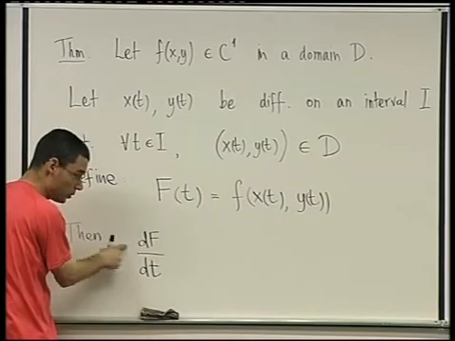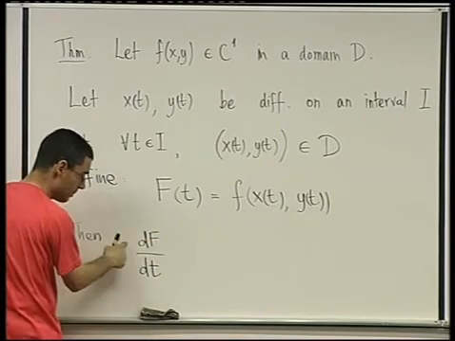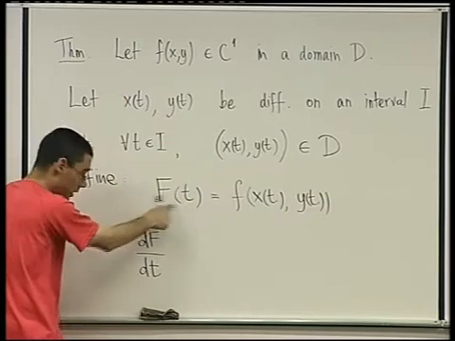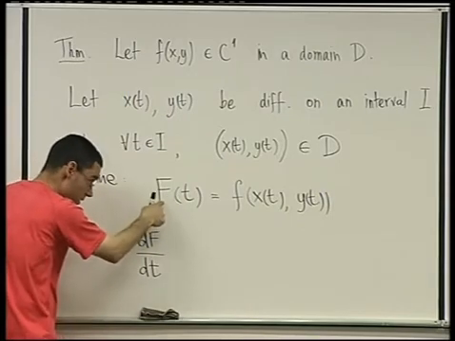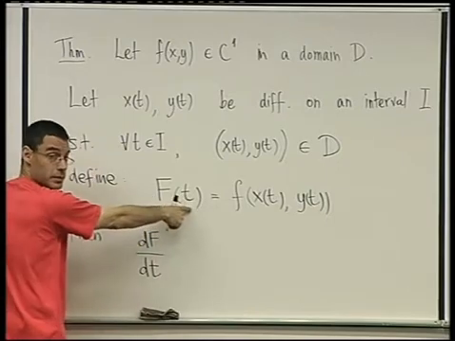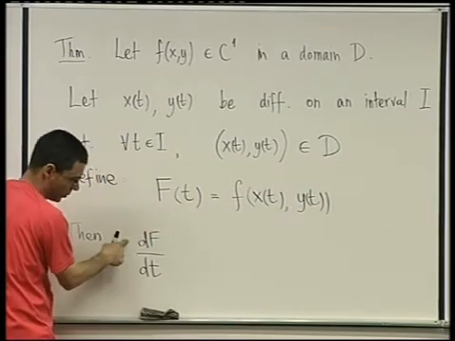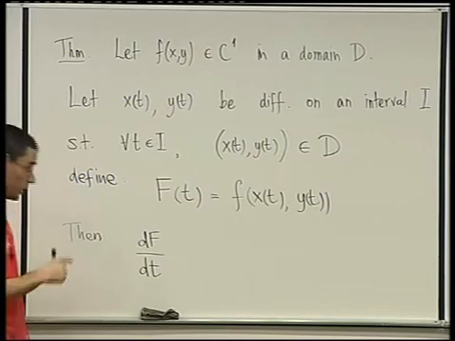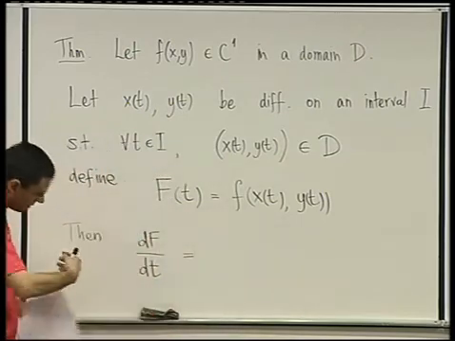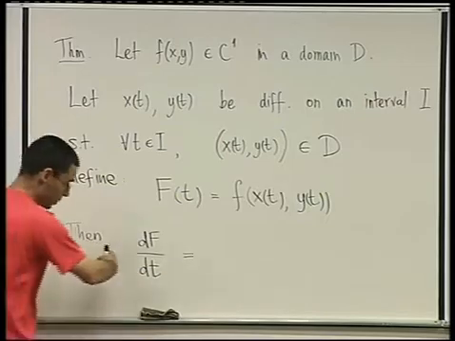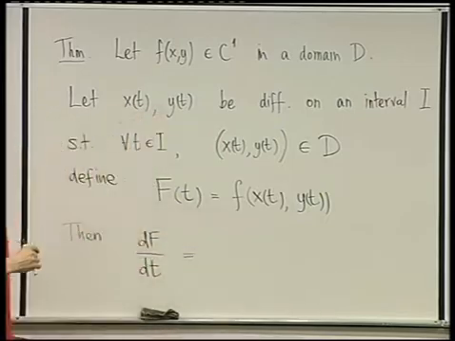Note that these are good old regular d's, because this is just Leibniz notation for a single variable derivative. This is a function of a single variable. Do you see that? So this is its derivative with respect to its only variable. You can write F prime of t. The reason I'm writing it like this is that it's going to fit in more nicely with what's going to be written here and what's going to be generalized later.